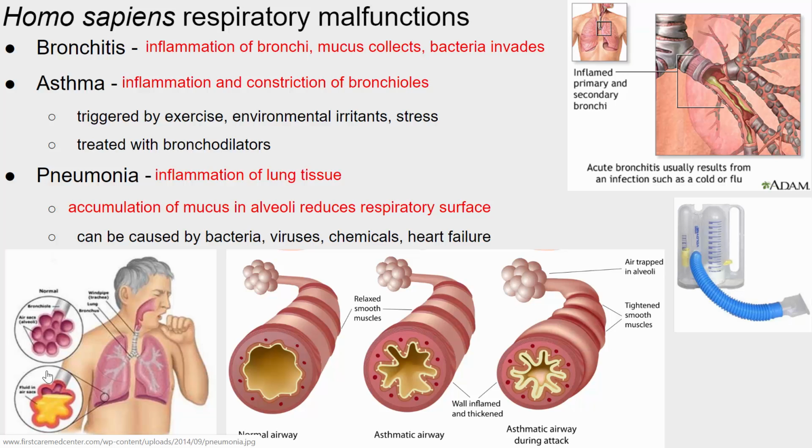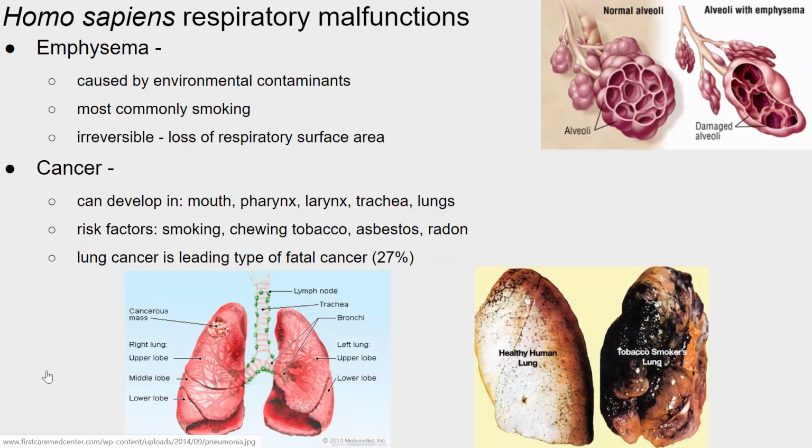Sometimes pneumonia can be caused by bacterial infection or viruses. Other times chemicals. When a person's heart is failing, sometimes fluid in the lungs builds up and the lungs become inflamed. So there's a variety of things that can trigger pneumonia. It's not just one specific type of pathogen or something that's causing the disease.